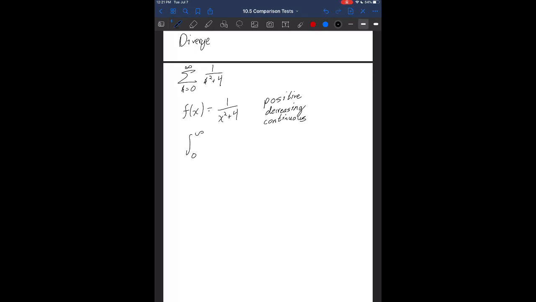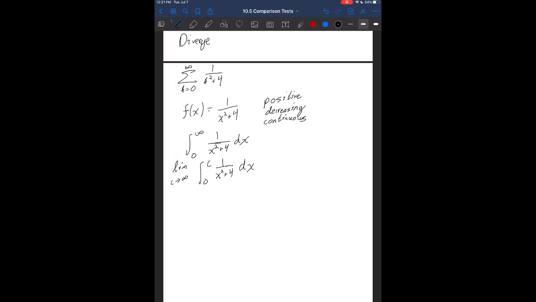So this means we can use our integral test, and we're specifically interested in the integral from 0 to infinity of 1 over x squared plus 4 dx. Introducing a limit, we have the limit as c goes to infinity of the integral from 0 to c of 1 over x squared plus 4 dx.